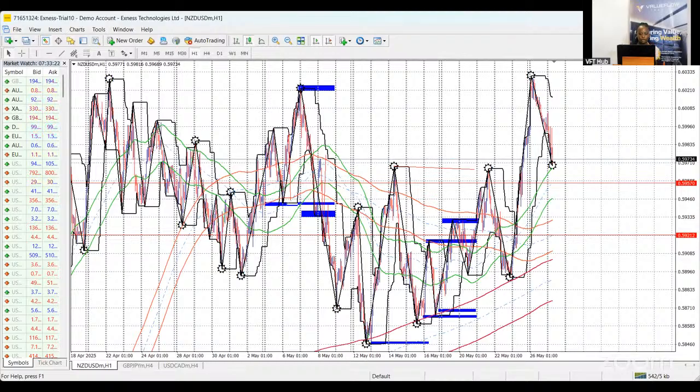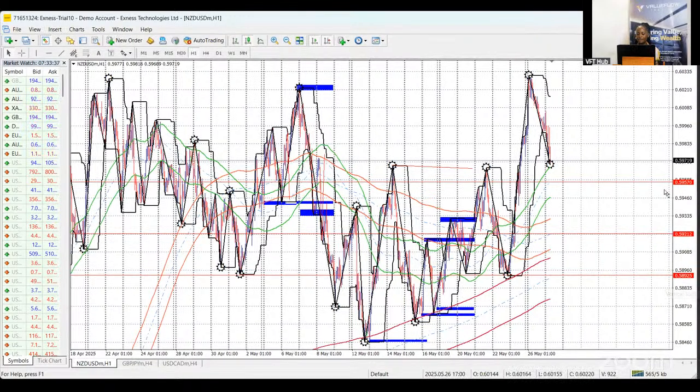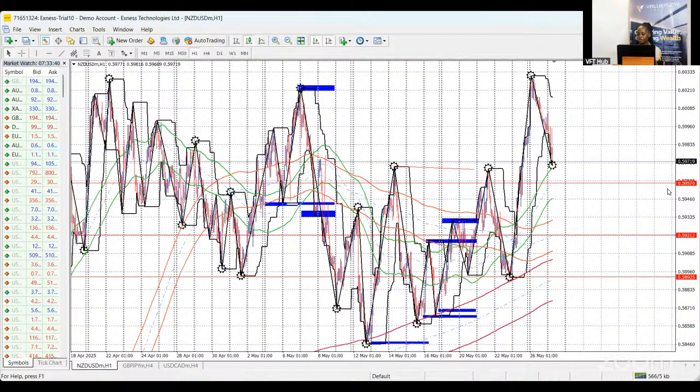And for those of us who did exactly that, we see that price has been obeying everything we marked out. So we had 3 points of interest on NZD-USD: 0.59570, 0.59212 and 0.58925. Price is now very, very close to our first point of interest being the 0.59570.